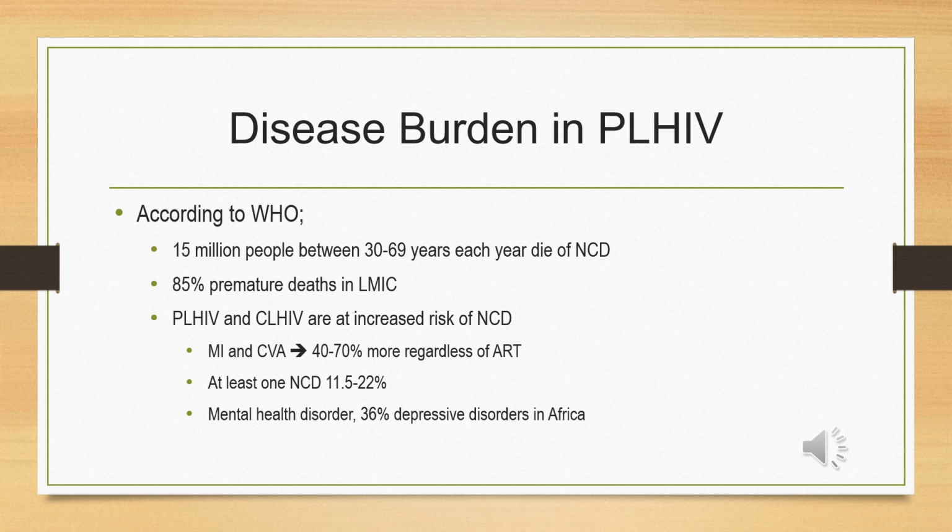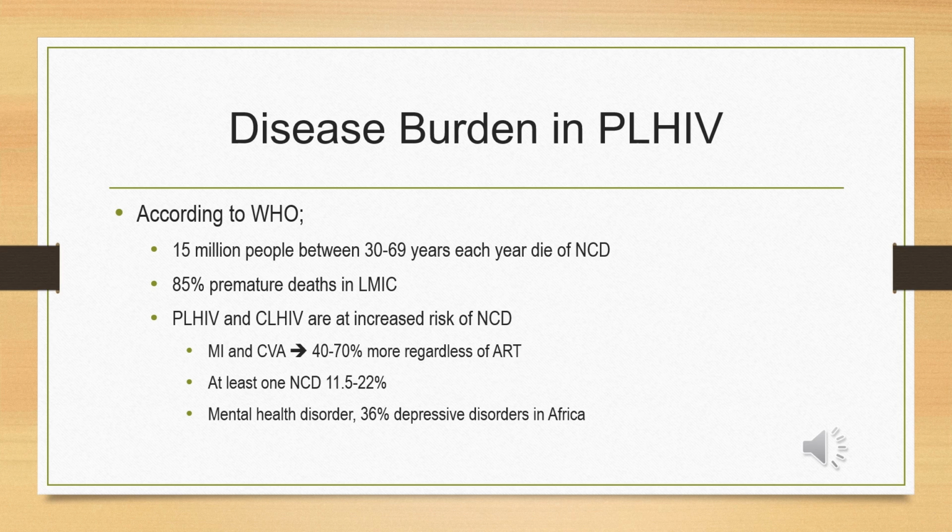Both children and adults living with HIV are at increased risk of non-communicable diseases. The studies report that regardless of their ART status, there is a 40 to 70% increased risk of MI and cerebrovascular accidents in these patients. Studies report that up to 22% of patients with HIV had at least one NCD.